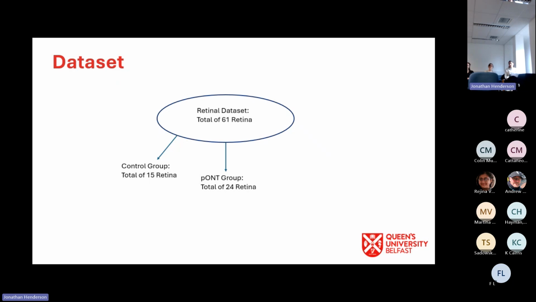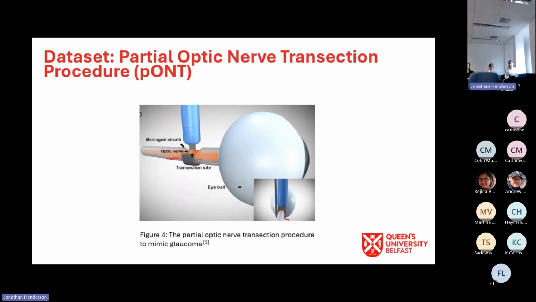Then there is a model or a procedure known as the partial optic nerve transection, and there's a total of 24 retina within this group. Just to give you an idea of what that medical procedure looks like: the mice undergo surgery, and then the optic nerve is exposed and a small incision is made, enough to do damage, but not enough to completely cut off the vision from the optic nerve to the brain.